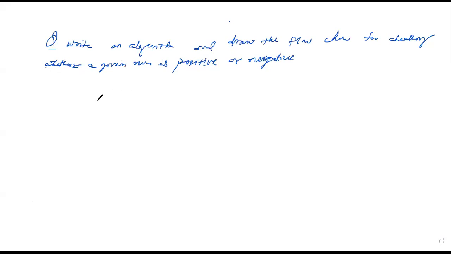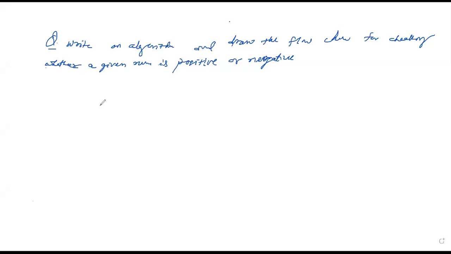So how many inputs are there for writing this algorithm or making the flow chart? You have to check whether a given number is positive or negative.